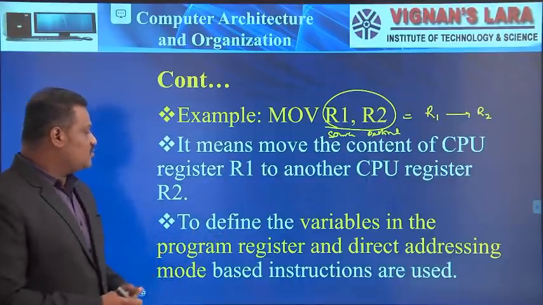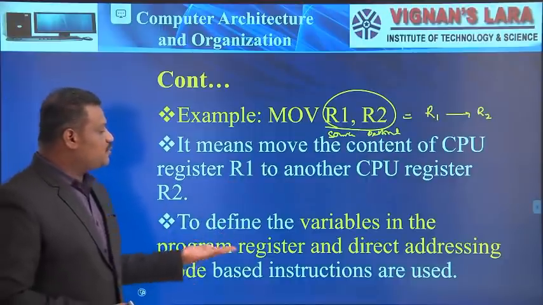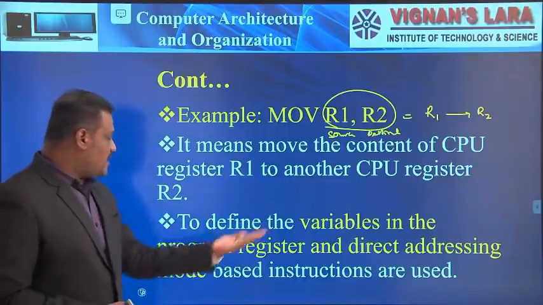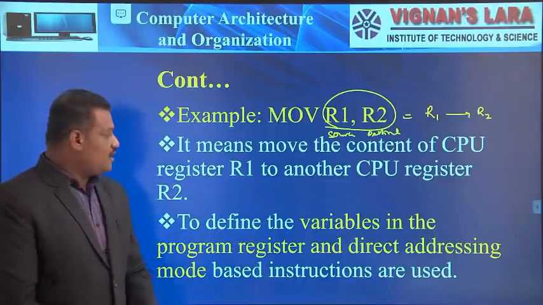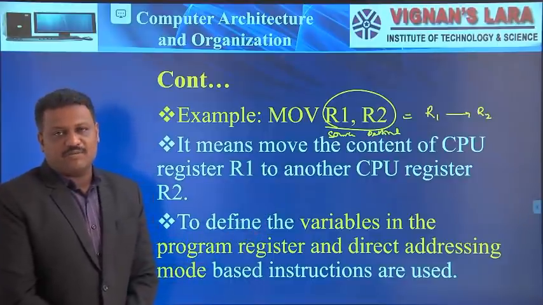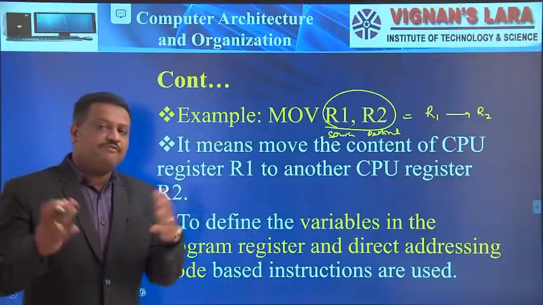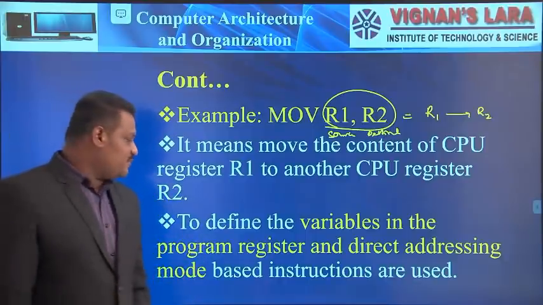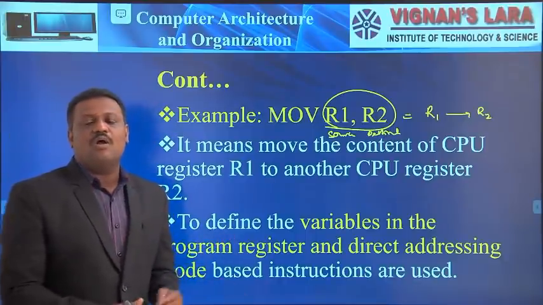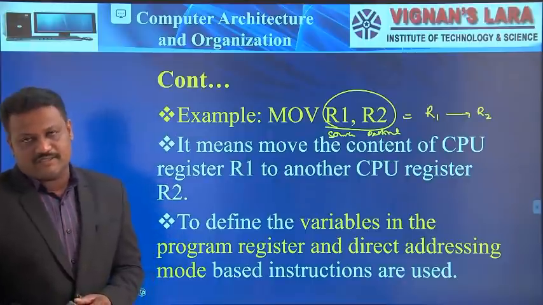Generally this addressing mode defines the variables in the program. That means register and direct addressing modes are used to represent our variables in the program itself. Whenever you want to declare some variables in your program, we take the help of either register addressing mode or direct addressing mode instructions.